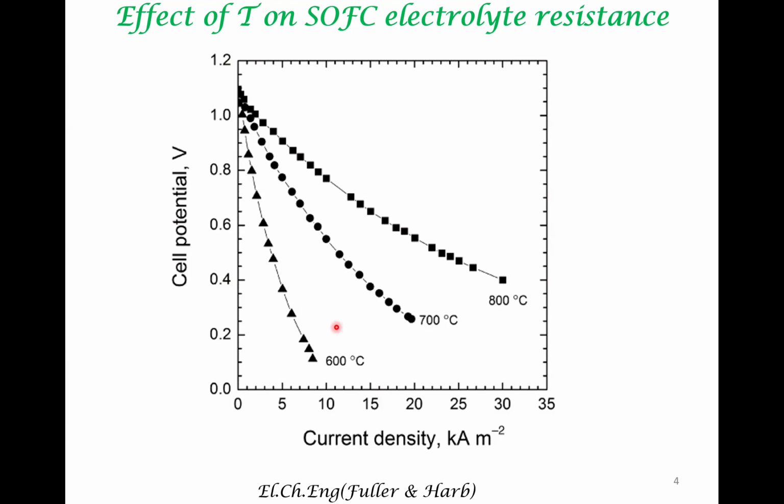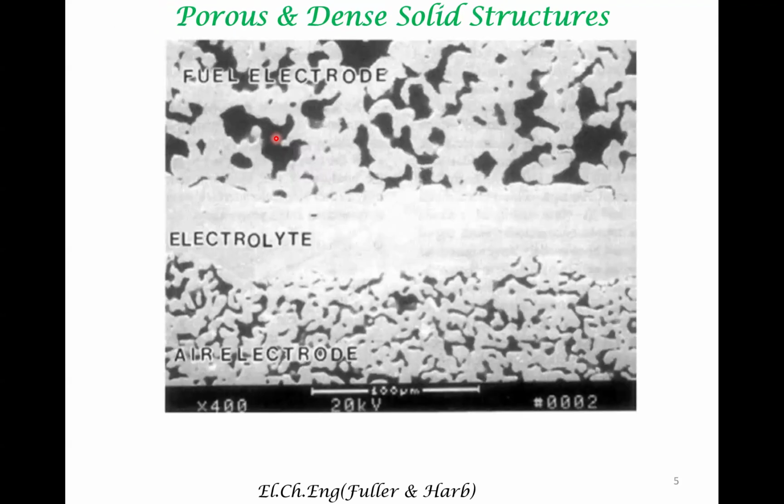As you can see, when you increase the temperature, there is a significant increase in the potential. For example, if you have this particular current density, by operating the fuel cell at 800 degrees centigrade instead of at 600 degrees centigrade, there is a significant increase in potential. This increase in potential is because of a decrease in mainly the ohmic drop.